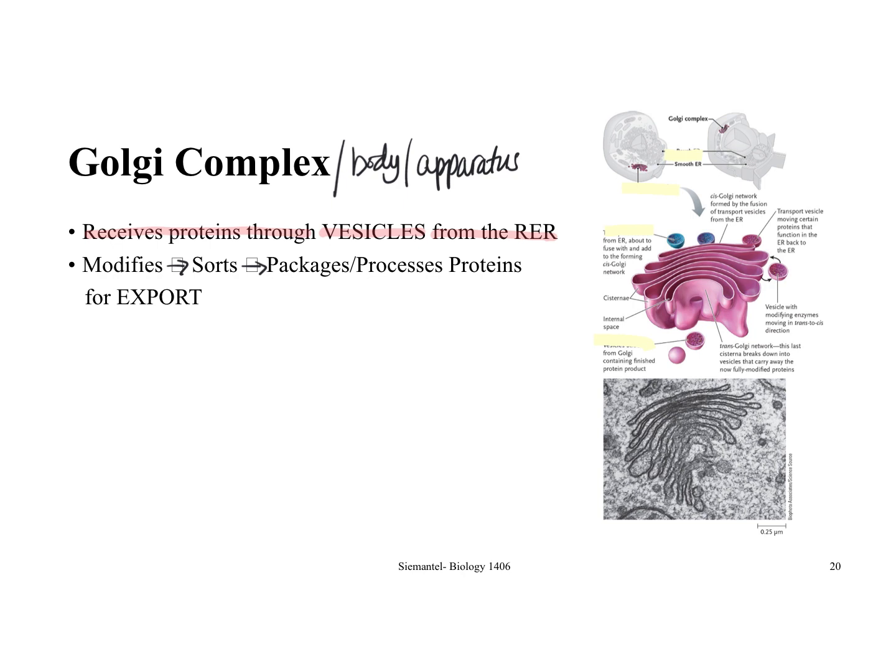So they get modified, they get any additional parts and pieces attached to them, or any additional parts and pieces removed from them that shouldn't have been there. They get sorted depending on where they need to go. They get repackaged and reprocessed, and then they get sent to the plasma membrane and they are exported out of the cell. So very much like our mail service.